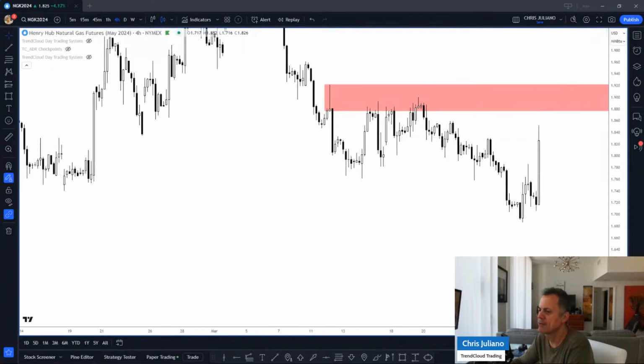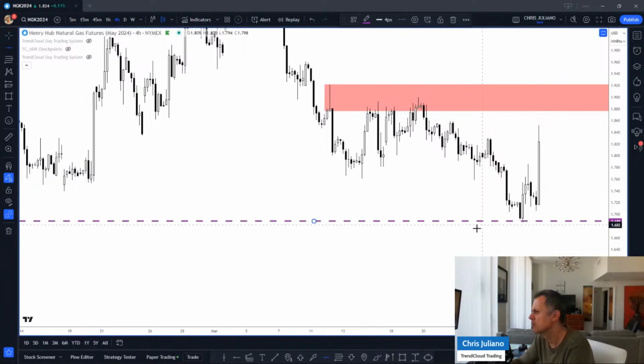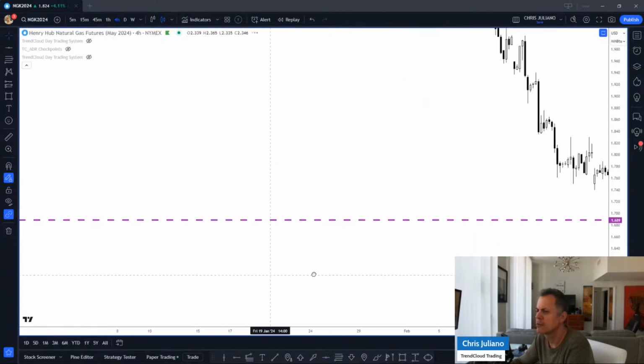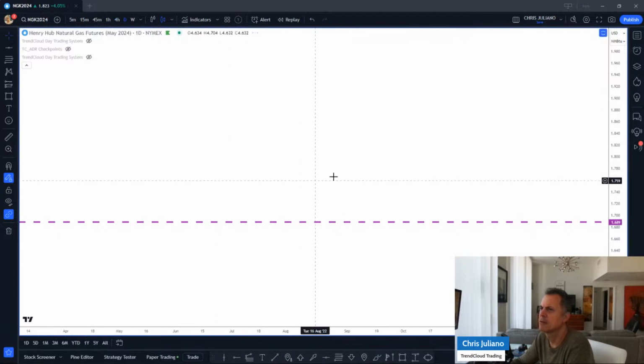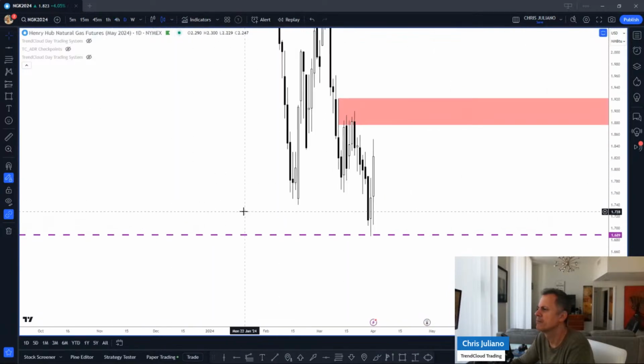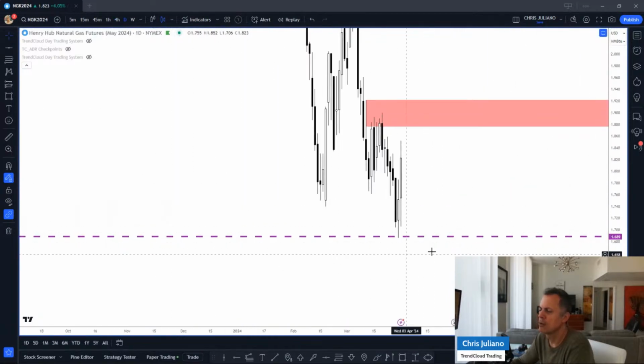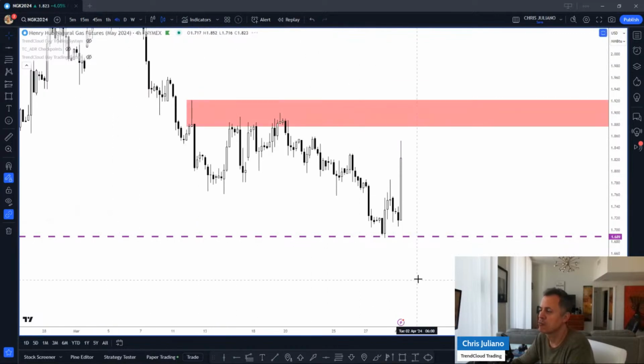What did it pull down into? Let's see. Nothing. Go out to the daily. Nothing. All-time low. So there's really no structure back there to look at.